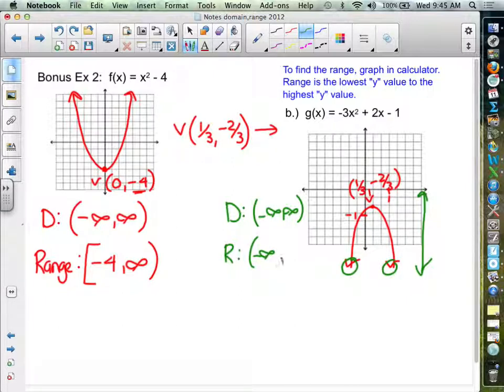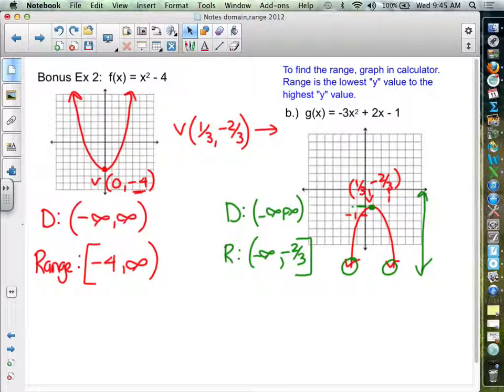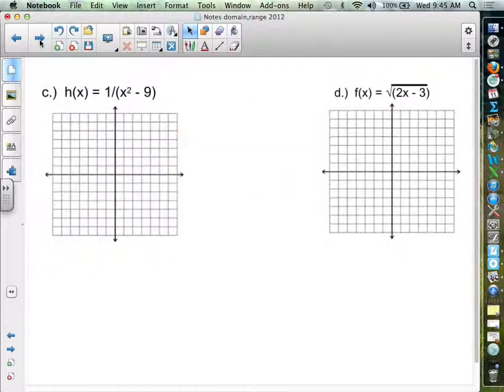And the highest value goes up to this point right here, and this point is at -2/3. And it actually equals that point. That's my vertex. I need a bracket on the end of that one. All right, so that one's a little more complicated. You use your calculators for these because some of the equations are much more complicated than just maybe a nice parabola. All right, let's look at the next one here.